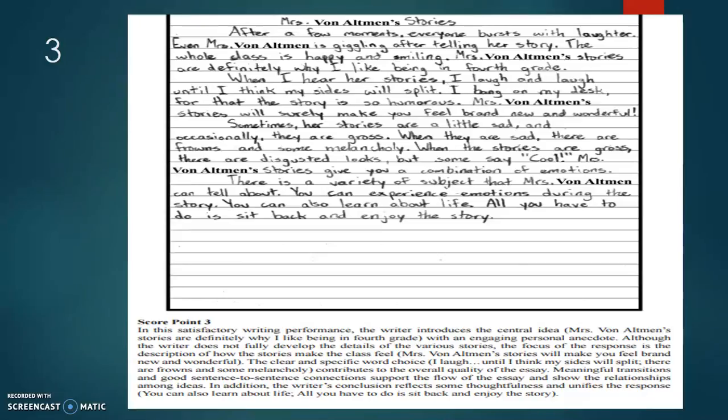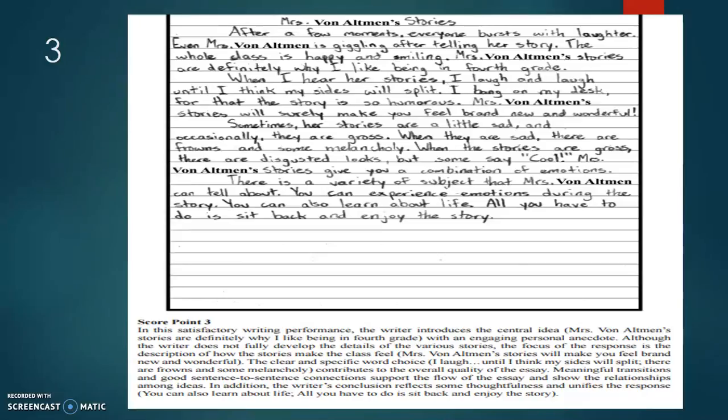The writer here uses meaningful transitions and good sentence-to-sentence connections. Notice there aren't a lot of transition words, but the ones that she uses are very meaningful and show relationships among these ideas.